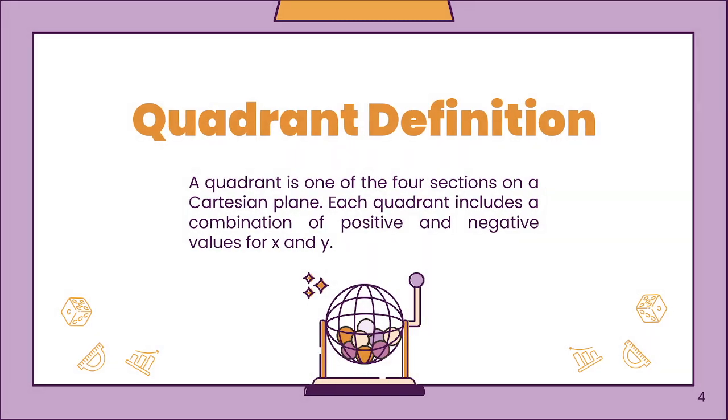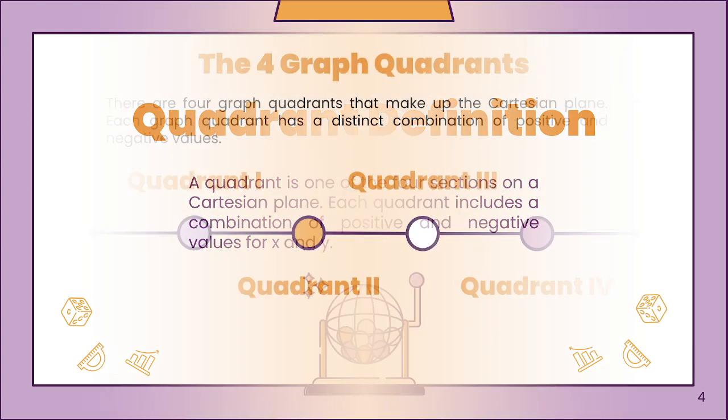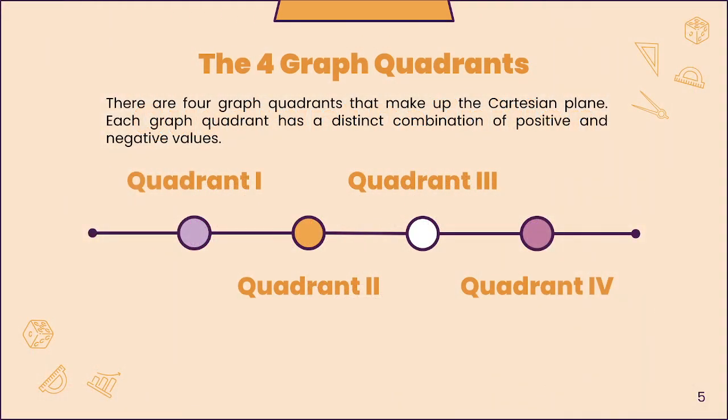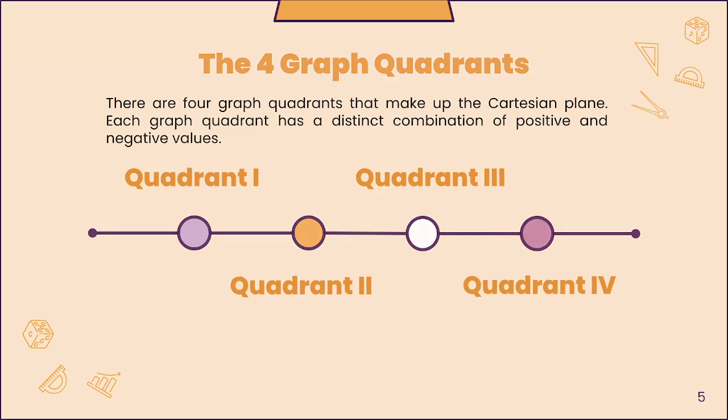A quadrant is one of the four sections on a Cartesian plane. Each quadrant includes a combination of positive and negative values for the x and y axis. There are four graph quadrants that make up the Cartesian plane, and each has a distinct combination of positive and negative values. We have quadrant 1, quadrant 2, quadrant 3, and quadrant 4.